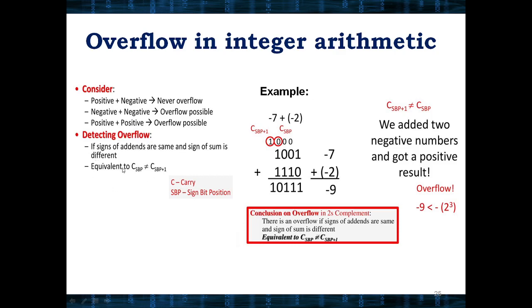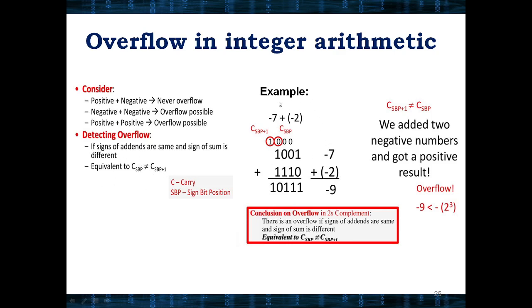Another possible condition is if the carry into the sign bit position is not equal to the carry out going out of the sign bit position to the next stage. If both are not equal, then we can also consider that as an overflow condition.